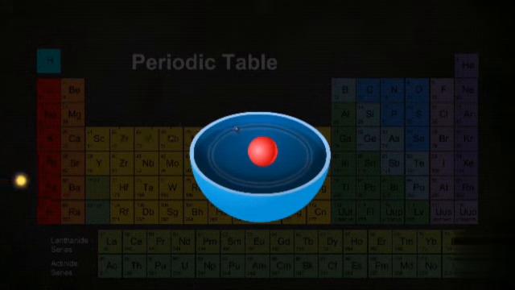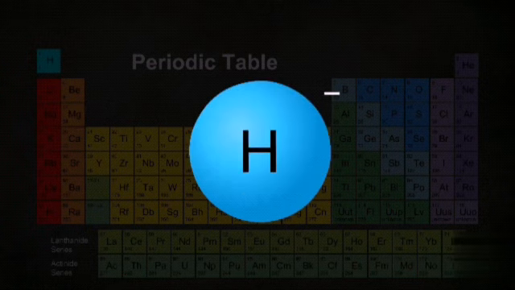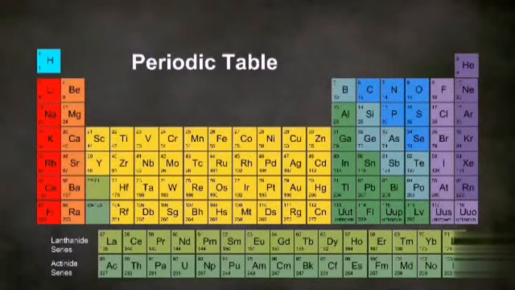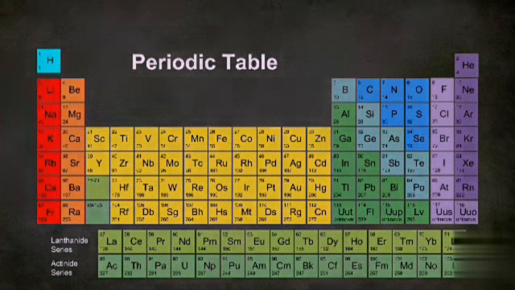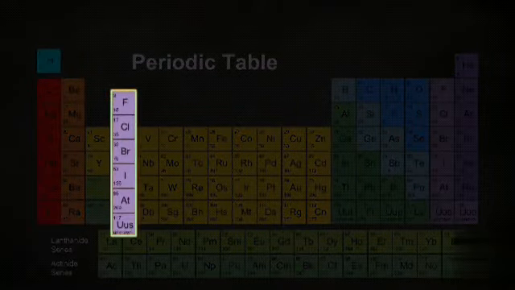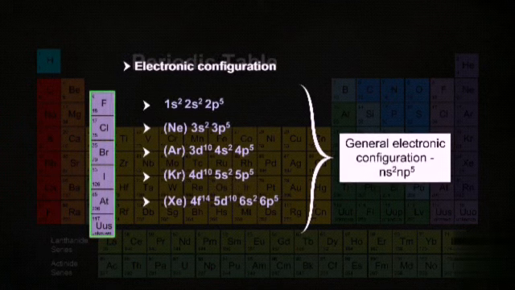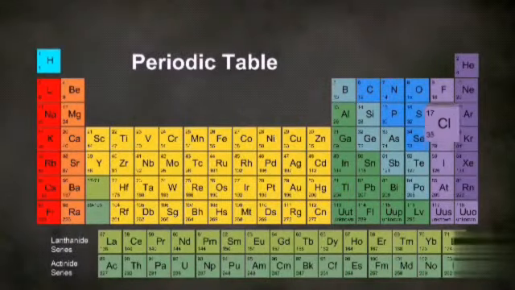This property is similar to the halogens that have electronic configuration of ns2 np5 and thus have a tendency to gain one electron to form halide ions.